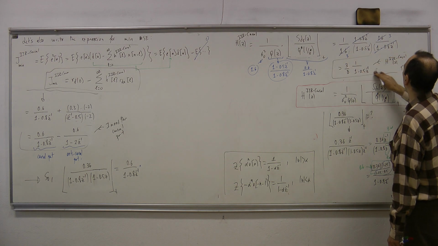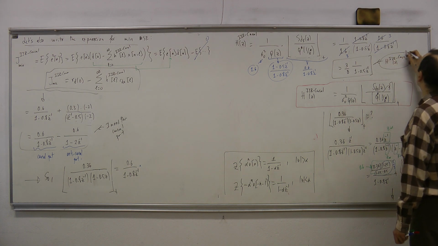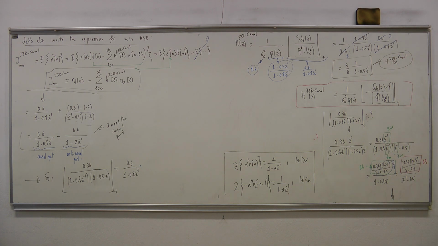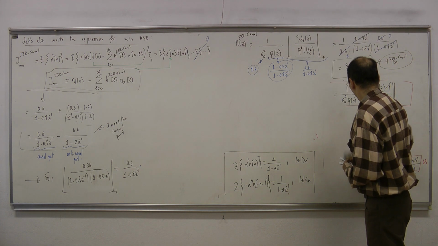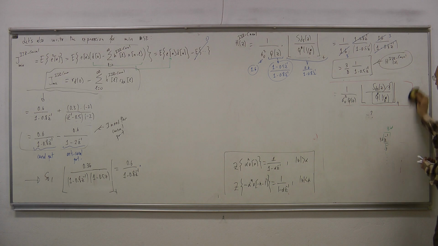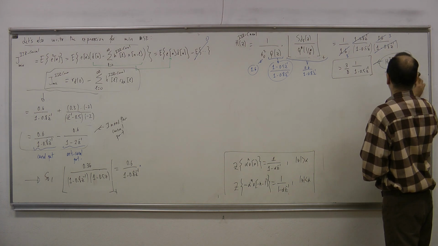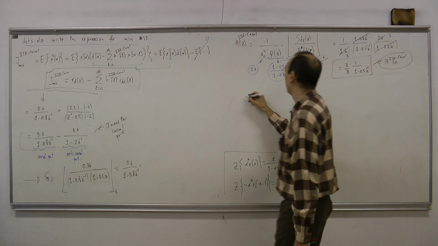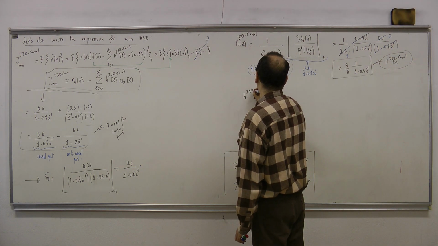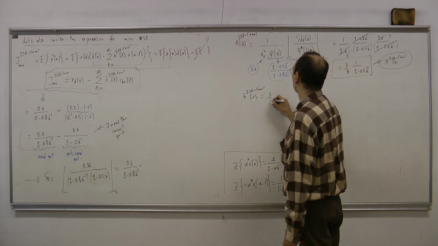Or let me have it like this. Okay. So this is the end of this. So let me write this in time domain. I'll use this. Then H IIR causal n is 3 over 8.